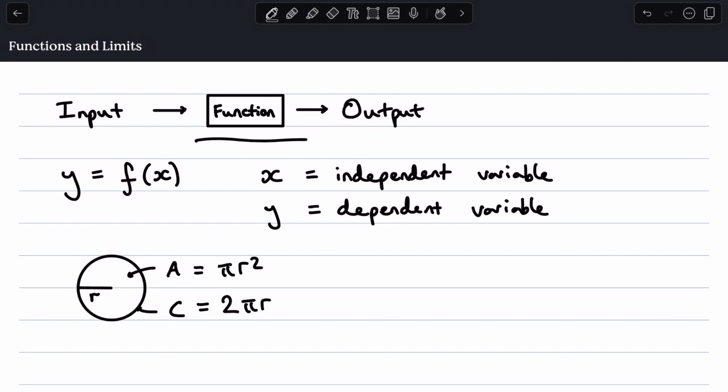So in these equations, we can see that r is the independent variable as x was above. And for each equation respectively, A and C are the dependent variables, and that's because they depend upon r.